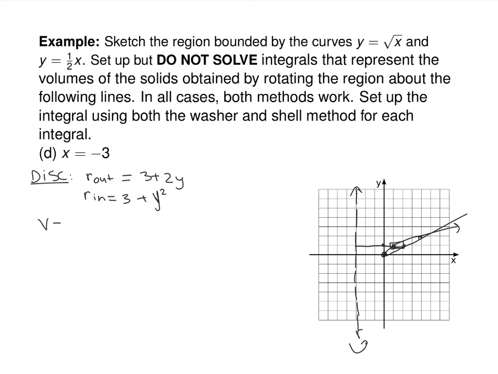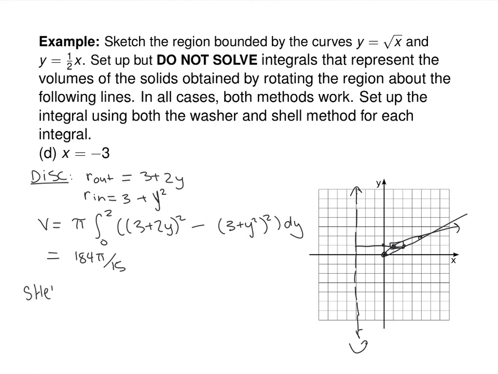And so using the disk method, the volume can be found by using pi integral 0 to 2, r out, which is 3 plus 2y squared, minus r in, 3 plus y squared, squared, dy. And if you work that out, it gives you a rather nasty answer, 184 pi over 15.